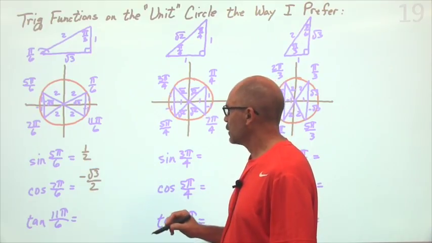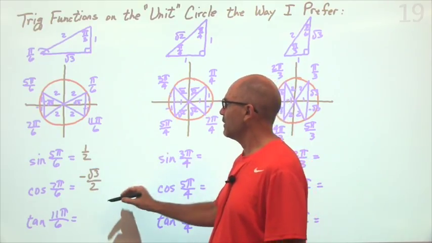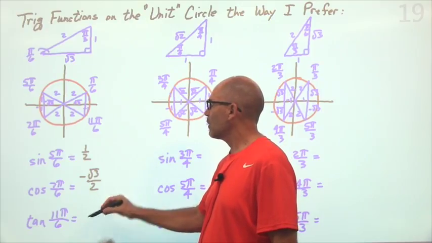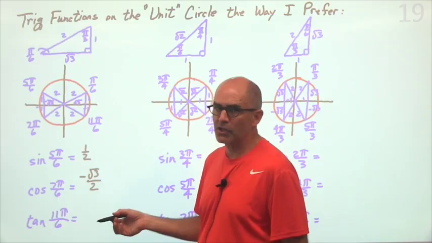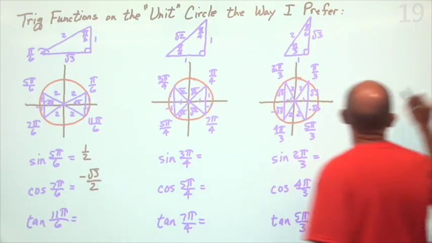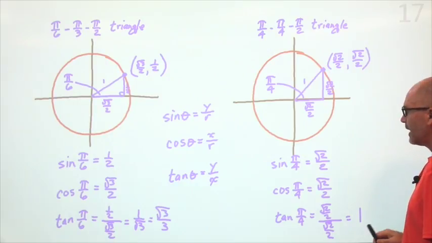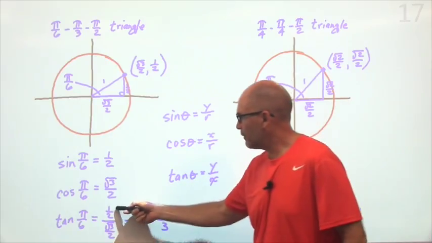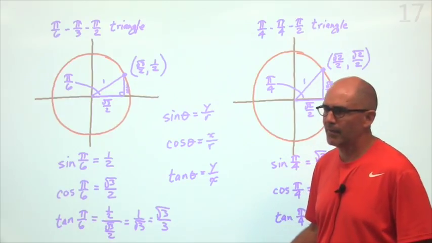Now, tangent. See, this is where I think my system is easier than the book's, because not only are we doing away with fractions, but tangent ends up being a fraction anyway. If you remember when we did it the book's way, we had tangent was 1 fraction over another fraction. Well, that's a major pain.